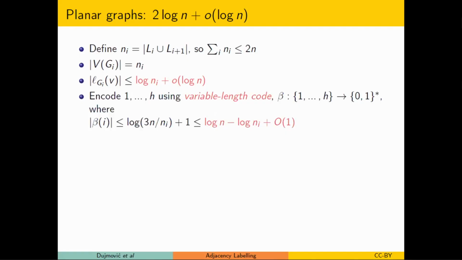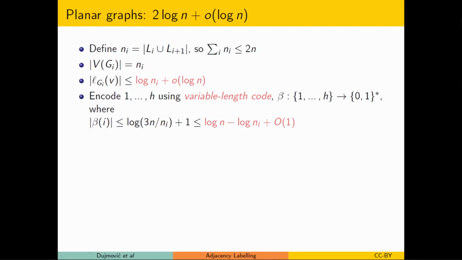And now the other part of this label, which seemed a bit strange and didn't somehow appear in the other solution, was the row number, the value of I, where this vertex appears. Rather than encode that value as just the binary representation of I, I can use a variable length code, which encodes these integers 1 through h, each as a binary string, but they're not all the same length.